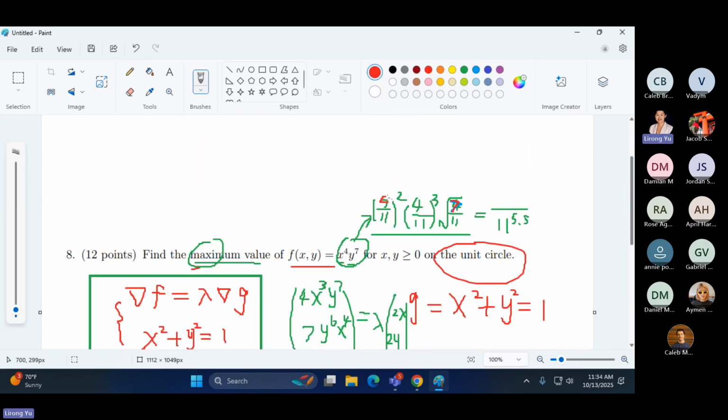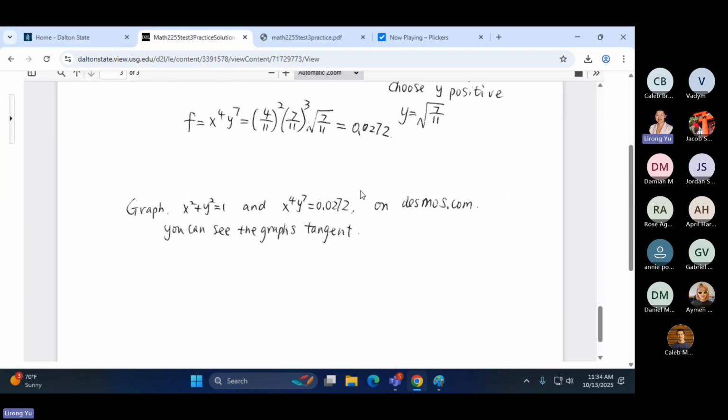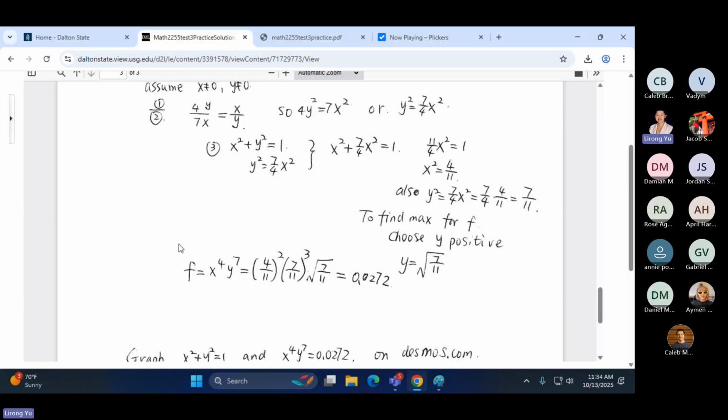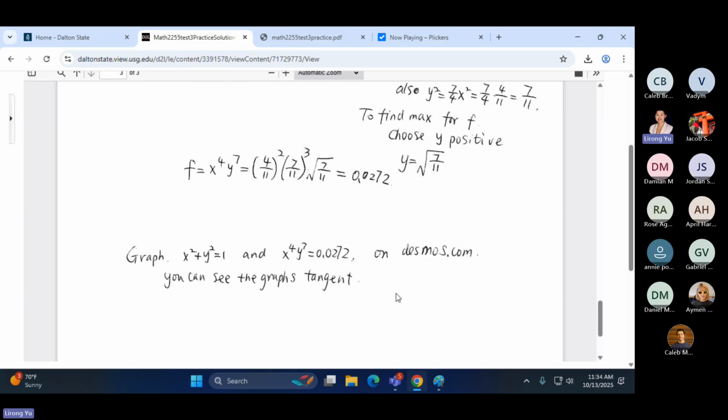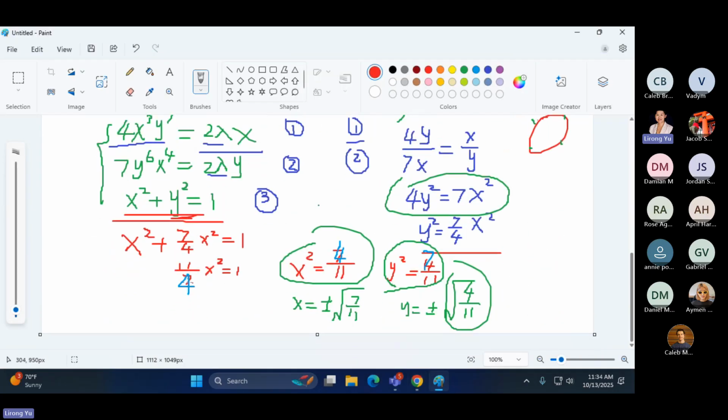So that means this is 4, that was 7. In this case, you can check the calculation. The posted answer was right. When I was doing that fraction, I made a mistake. But this is pretty much the overall calculation.